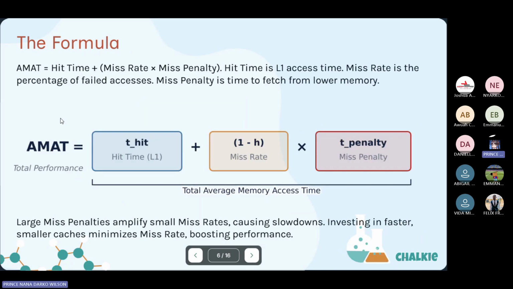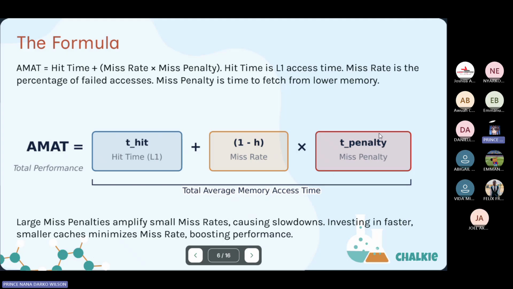So for the AMAT, we are still on the revision of the formula. I said we will move fast, so we can skip through these things. It says the hit time plus miss rate times miss penalty. The hit time is the level 1 cache access time. Miss rate is the percentage of failed accesses, in other words, when it has to fetch from lower memory like RAM. So your average memory access time, the total performance, is equal to the hit time from level 1 memory plus (1 minus the hit rate) times the miss penalty. 1 minus the hit rate is the miss rate.